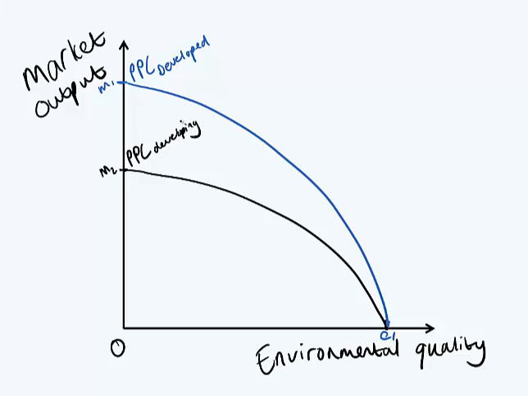Developing, or less developed. Alright, so let's say both developed and developing countries enjoy a market output of M star over here.